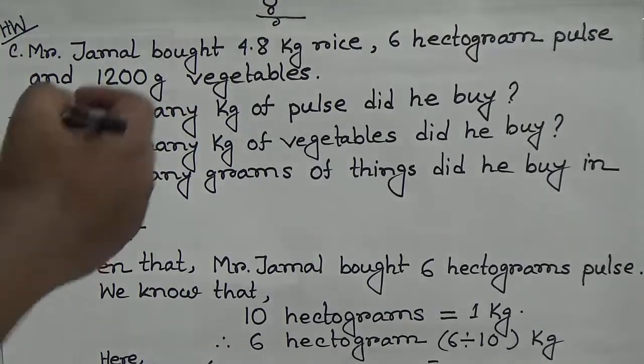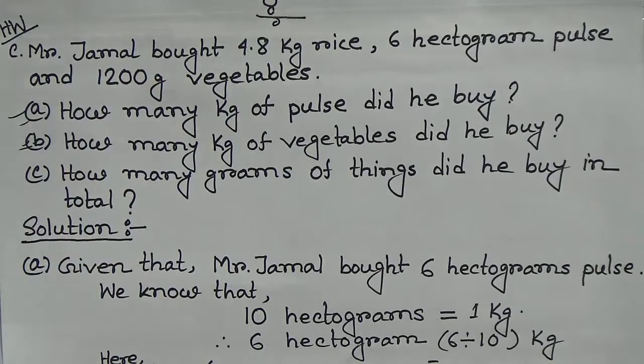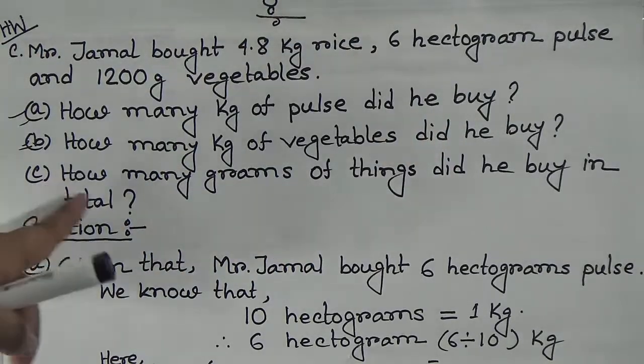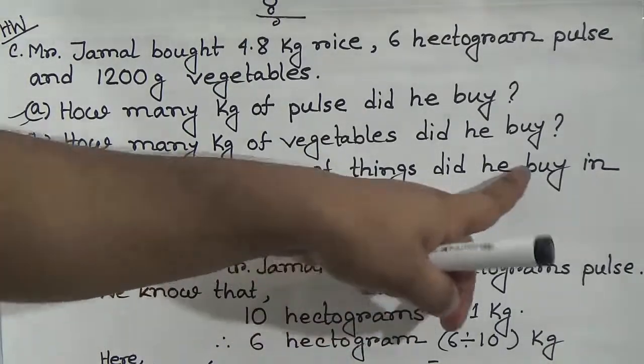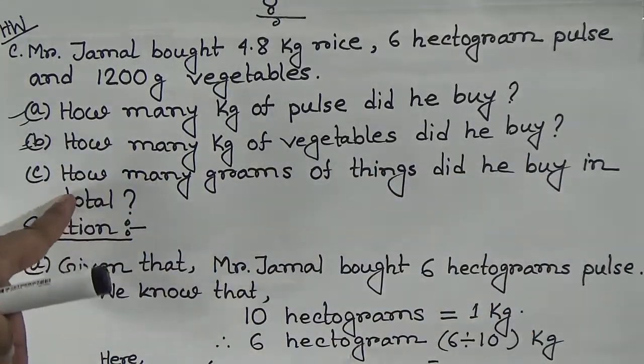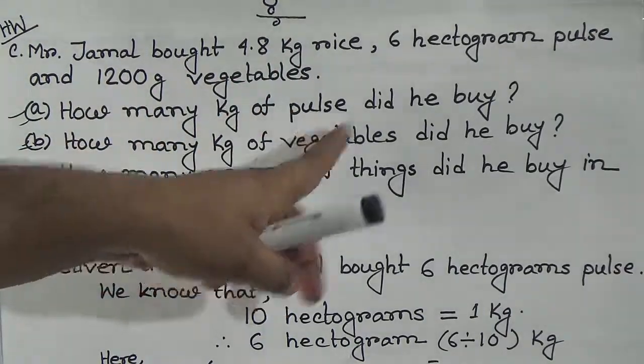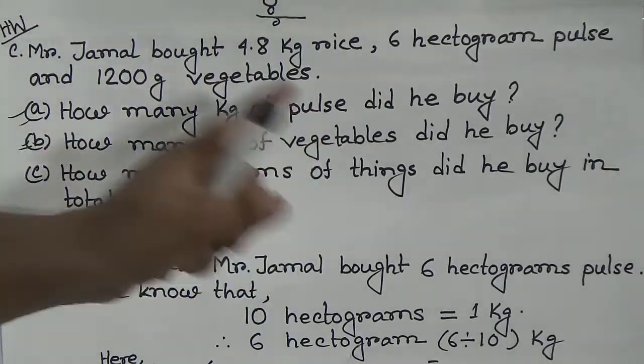That means we want to convert this 1200 gram into kg, and we get the answer. Question number C, how many grams of things did he buy in total? That means rice is given in kg, from A we get pulse in kg, from B we get vegetables in kg.